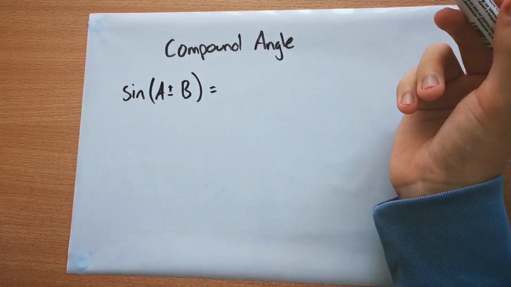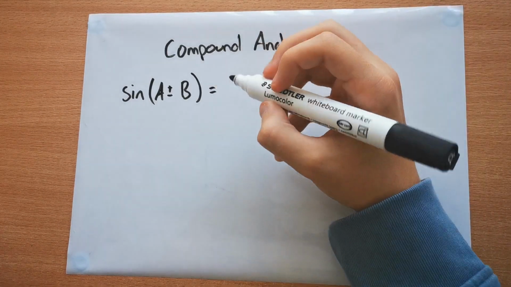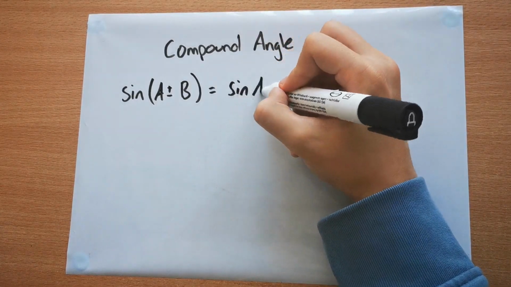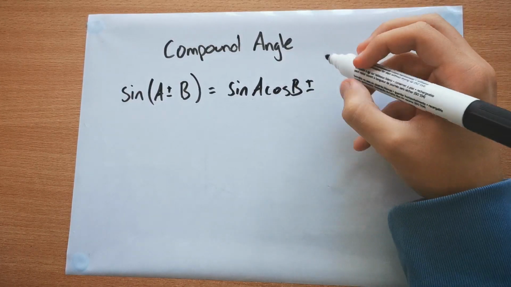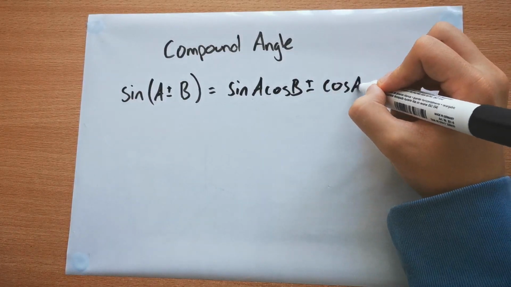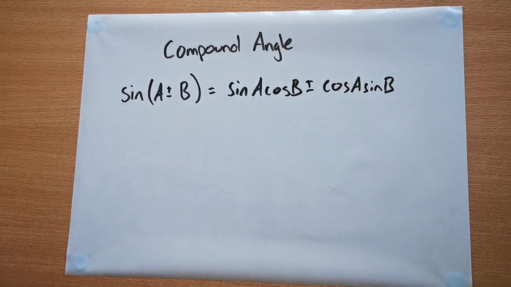So basically the formula goes that sine of A plus B is equal to sine A cos B plus or minus cos A sine B. Now what is the plus and minus about?